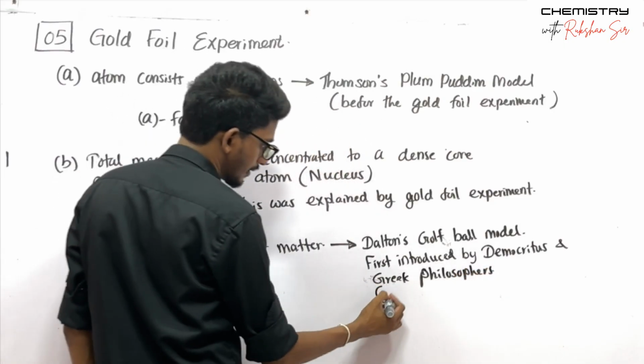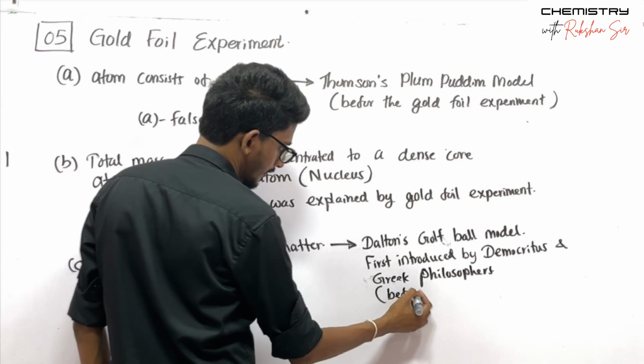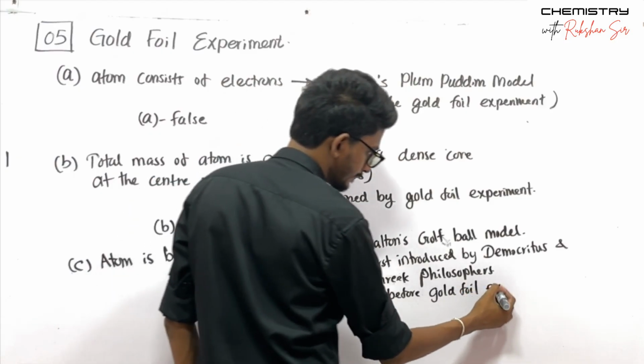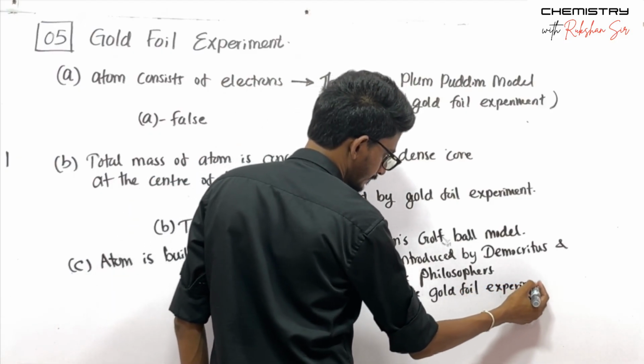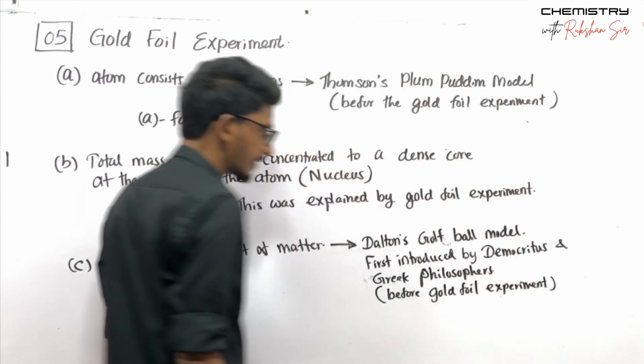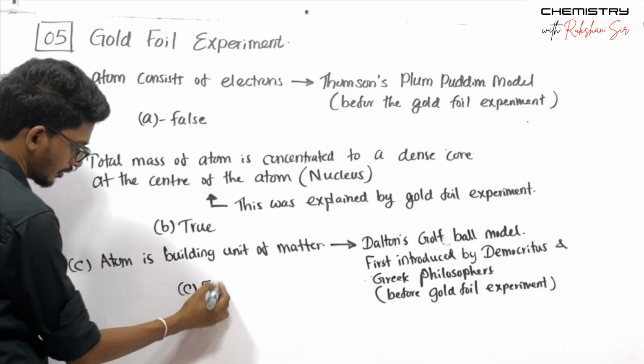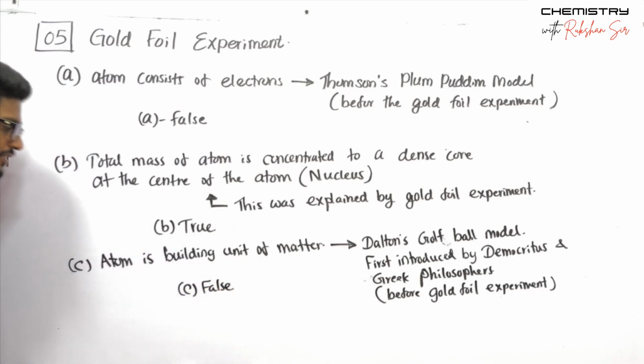So these came before the gold foil experiment. So C is false. It's not an explanation by the gold foil experiment.